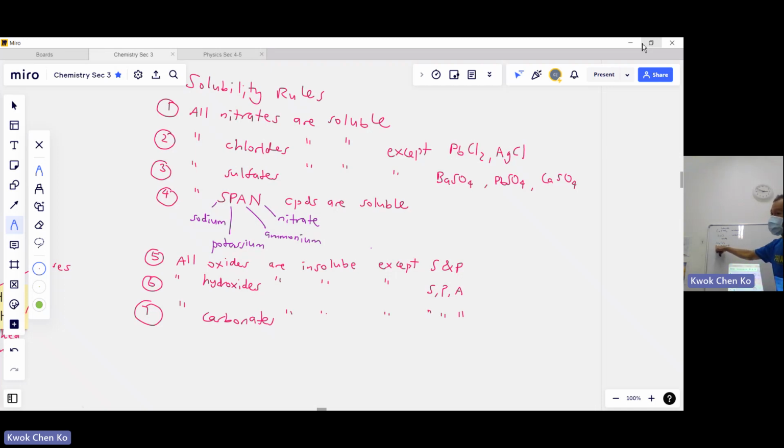So Charlotte, soluble, insoluble? Yeah, it should be insoluble because it's not sodium, potassium, or ammonium.